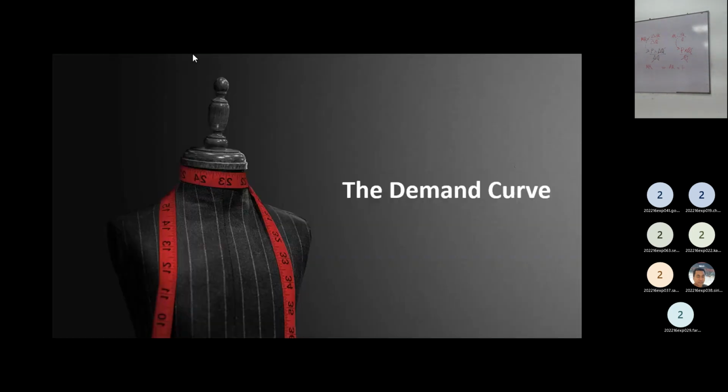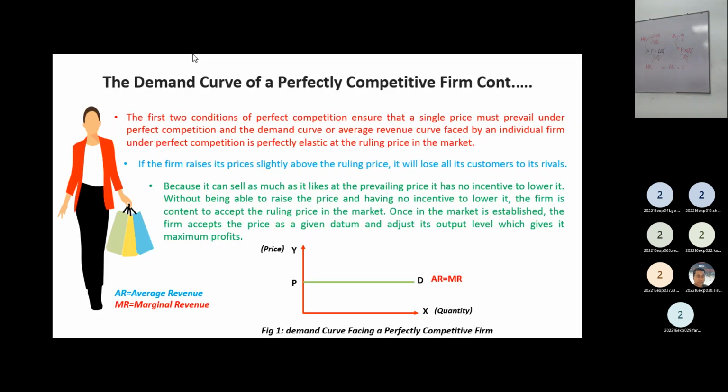Right. So yes, now simply you know their demand curve is perfectly elastic. Why is it perfectly elastic? They cannot decide the price of their product. They are the price takers. Whatever price has been determined in the market, they have to accept and sell their product accordingly at that price. Right? So therefore, this is their demand curve.